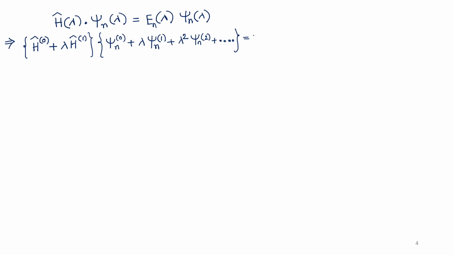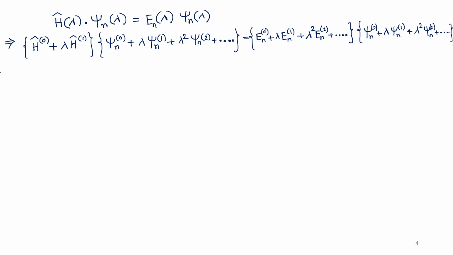And here we have the energy again. We have something like En 0 plus lambda En first plus lambda square En second. It will go on, and we have our wave function back. We have to write it in that manner, right? First order correction, then the second order correction to the wave, and it will go on.